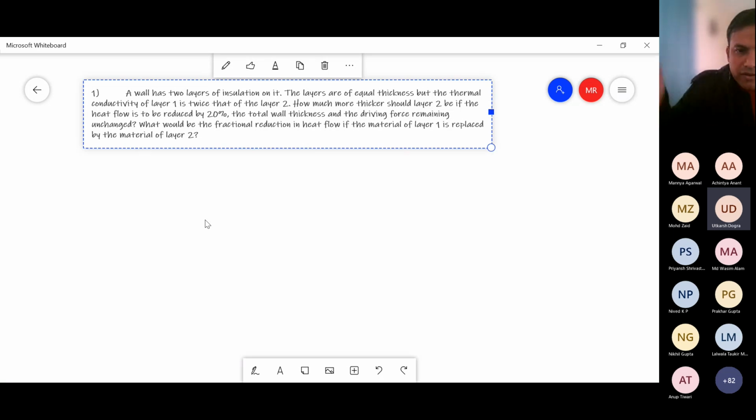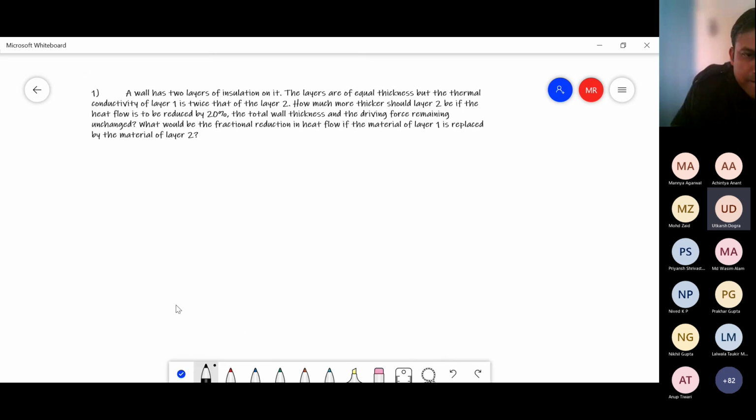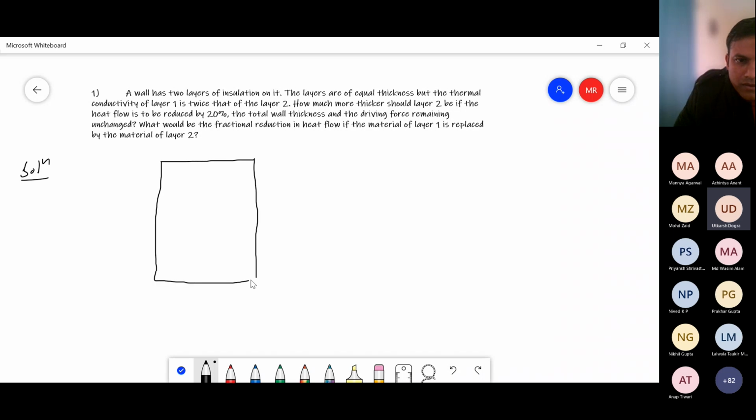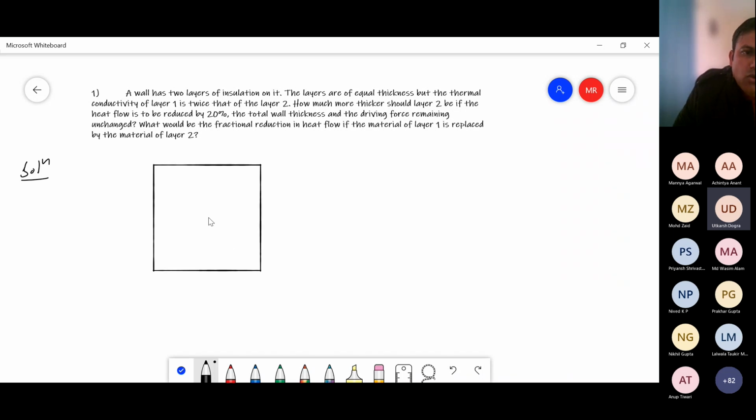So what is given in the problem is a wall has 2 layers of insulation. So there is a wall. Okay, let's say this is the wall, and this wall has 2 layers of insulation.